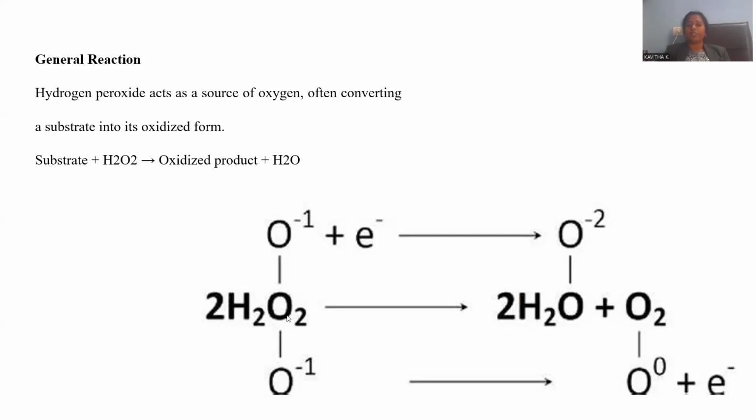Let me repeat, oxygen in the peroxy bond is always accompanied by -1, negatively charged, right? So it is able to accept one more electron, so that in a water molecule oxide will be generated, that is in the -2 oxidation form. And the molecular oxygen that is generated is obviously accompanied by 0 oxidation state.